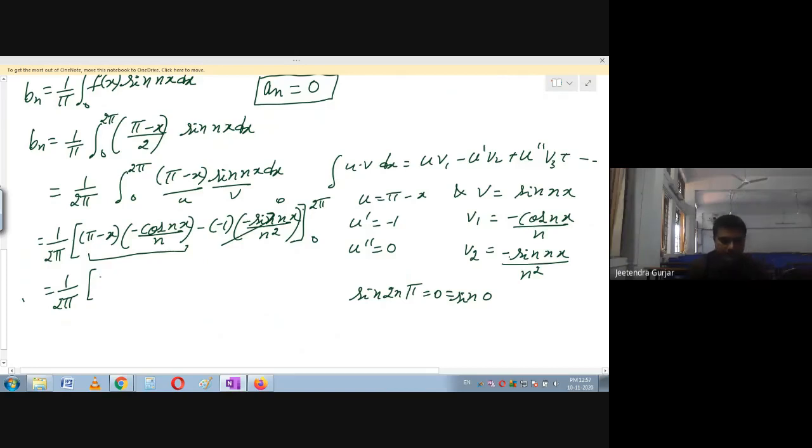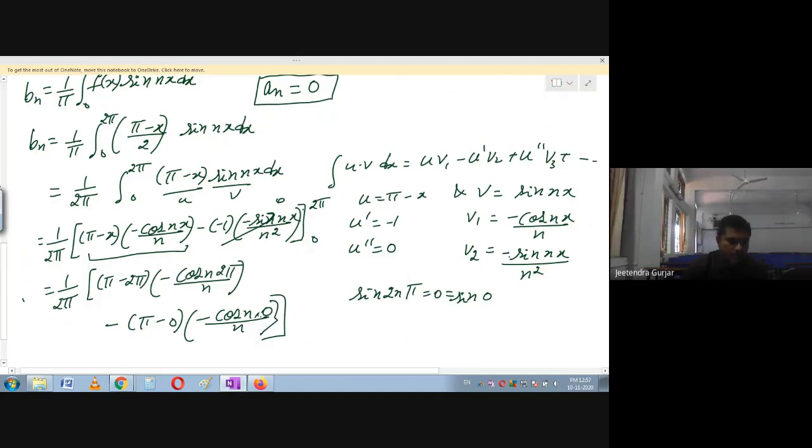So this is equal to pi minus 2 pi. First I will substitute 2 pi, and this is minus cos n 2 pi upon n. Then we have minus pi minus 0, and this is minus cos n into 0 divided by n.